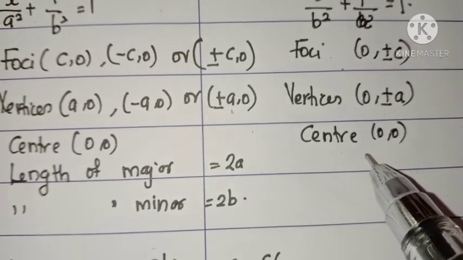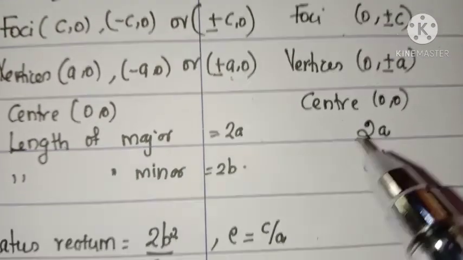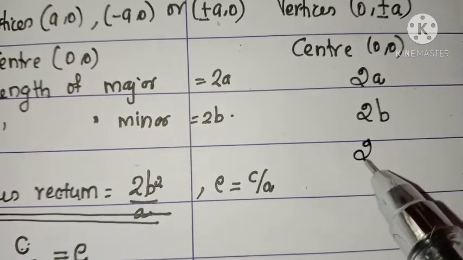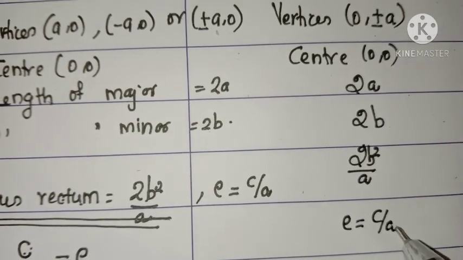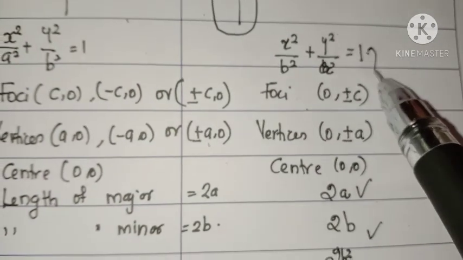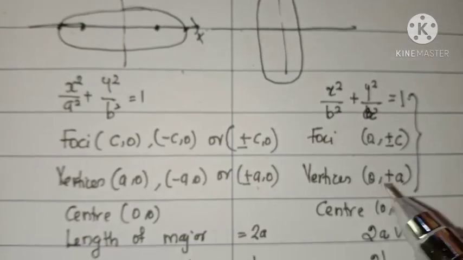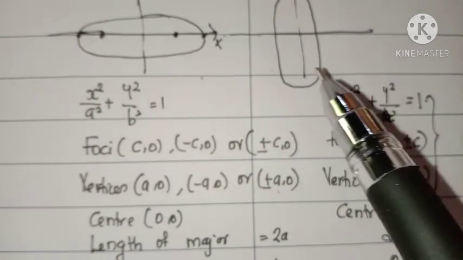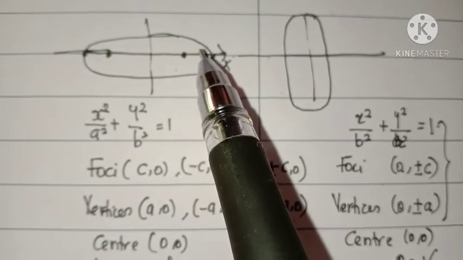The length of the major axis is 2a. The length of the minor axis is 2b. Latus rectum is 2b square by a. Eccentricity is c by a. All these are the same. The only difference is the equation, foci and vertices.